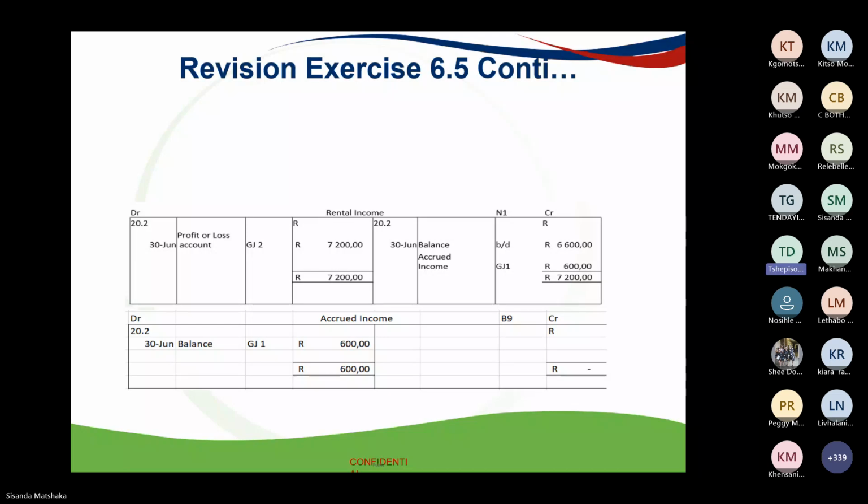Your balance brought forward, as per the additional information that we've been provided with, was the 6,600 that we got directly from the revision question. Go to the next slide, Sandra.